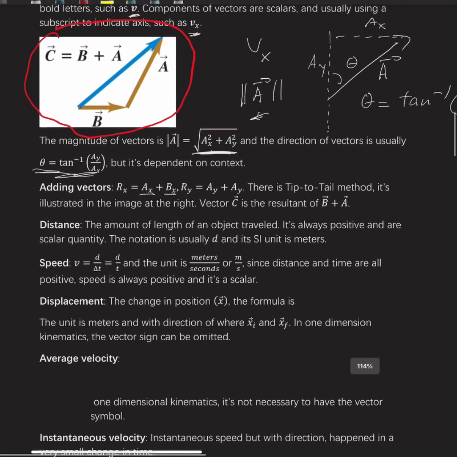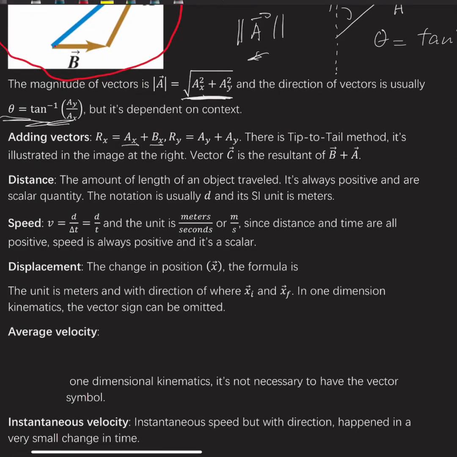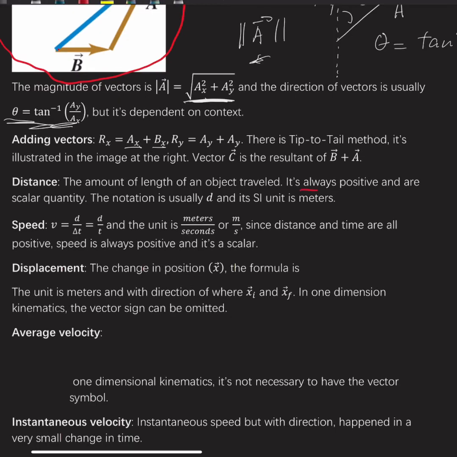Okay, so now let's talk about some physics. So first is distance. Distance is the amount of length an object traveled. It's always positive. Remember, always positive, and it's a scalar. Usually it's d, but it can change depending on context.